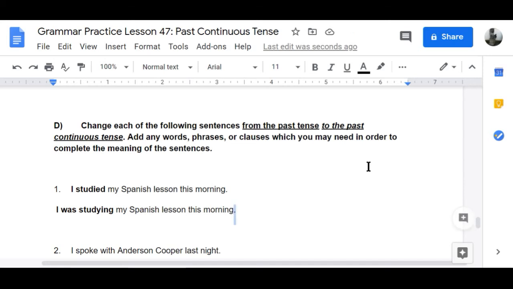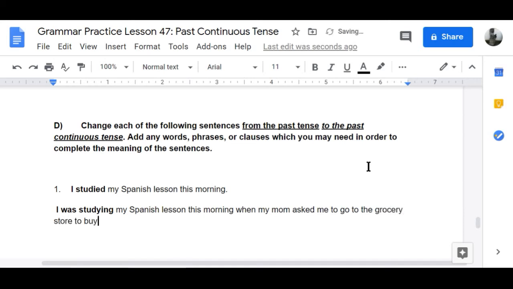Okay, I was studying my Spanish lesson this morning when my mom asked me to go to the grocery store to buy milk, and I said, ahora, madre.